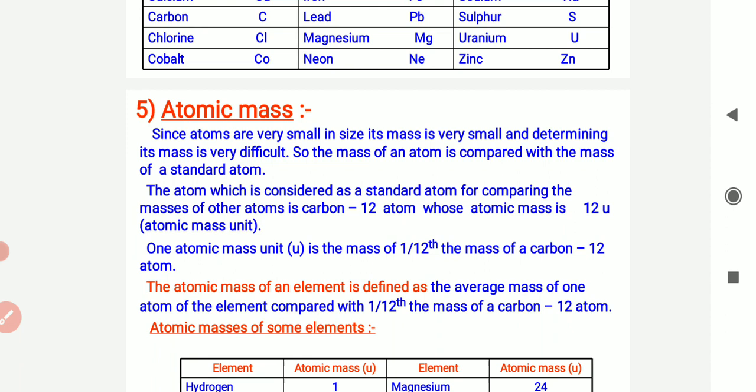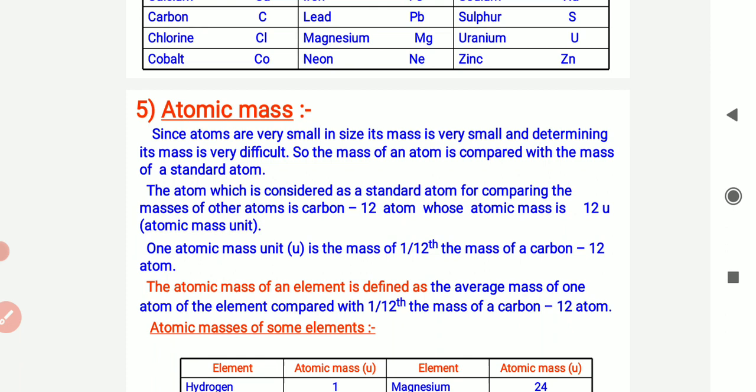So let us look at what we have chosen for that. The mass of an atom is compared with the mass of a standard atom. So what we do here is, we compare the mass of an atom with a standard atom's mass. Now let us see what the standard atom is.